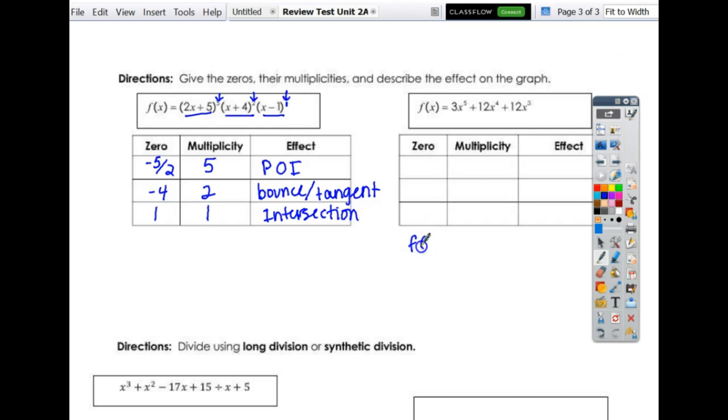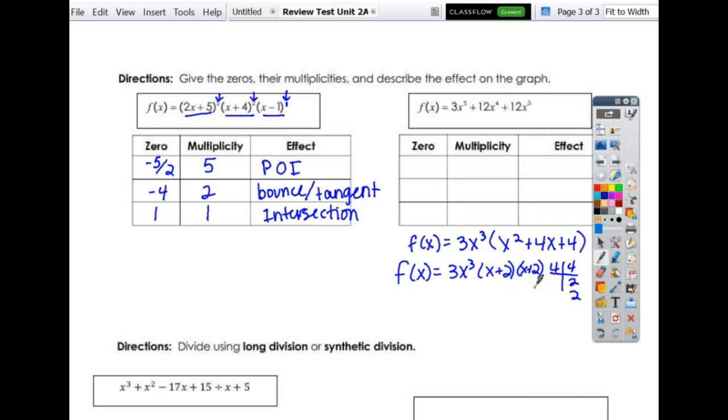So I'm going to factor out a 3x cubed, and that's going to leave x squared plus 4x plus 4. So then when I factor here, I have 4 and 4, which gives me 2 and 2. So when I write this to get this correct, you have to write this with the multiplicity.